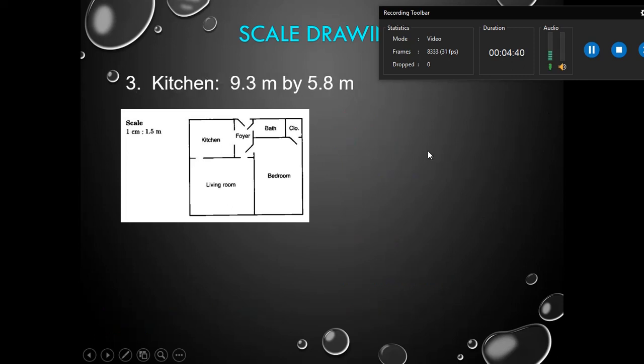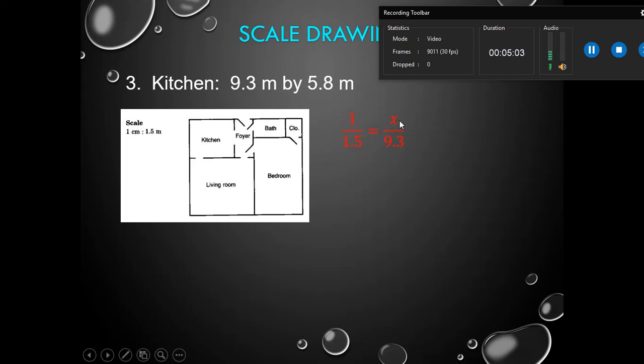The next calculation we're going to make is for the kitchen. What you should notice here is they're giving it to me in meters. These are the actual dimensions of the real room. We're going to find the scale dimensions, so we're going to find the centimeters on the map. Again, I'm using 1 centimeter is to 1.5 meters, but over on the right is where it's different.